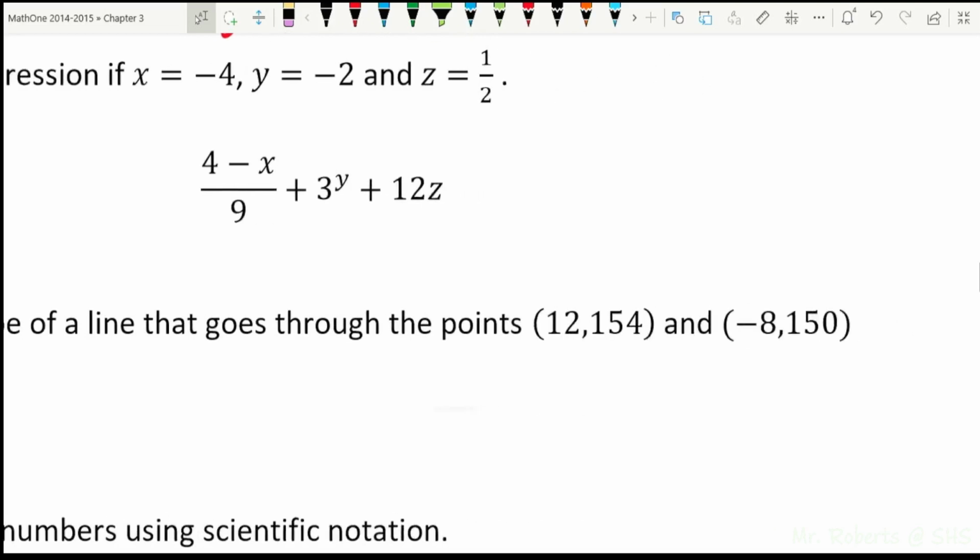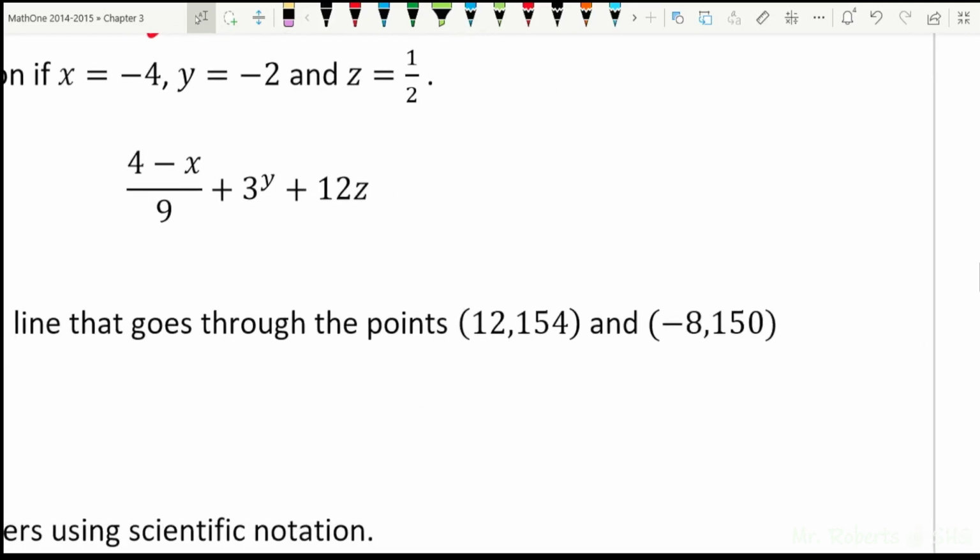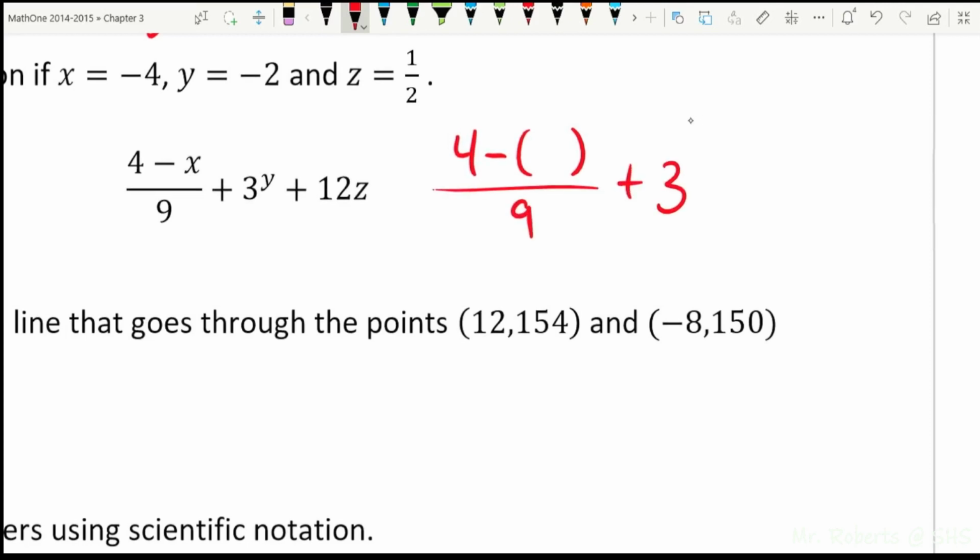So look, I've made mistakes with problems like this a lot. And the strategy I use to avoid that now is I'm just going to say, look, here's 4 minus a place for X over 9 plus 3 raised to the power of a place for Y, and then plus 12 times a place for Z. So I didn't put any of the other numbers in.